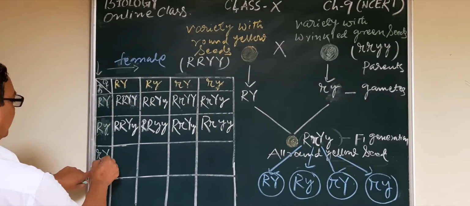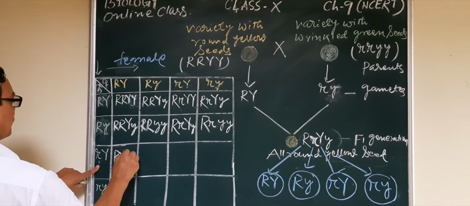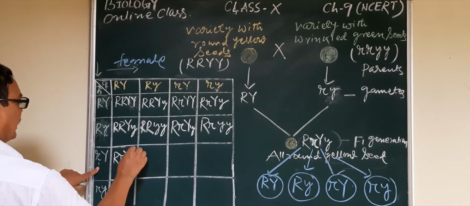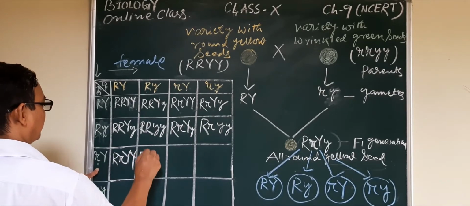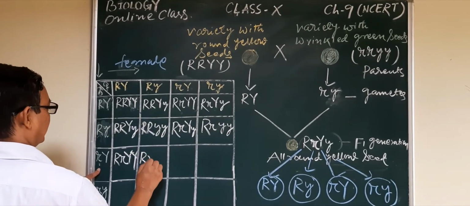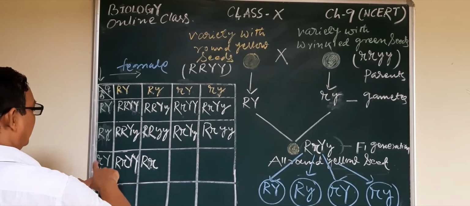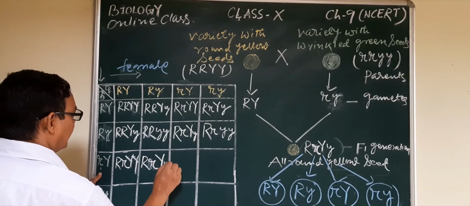Now take the next one: small r capital R, small r capital Y, and after combining, capital R small r, capital Y and small y.